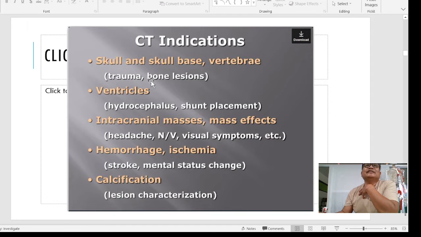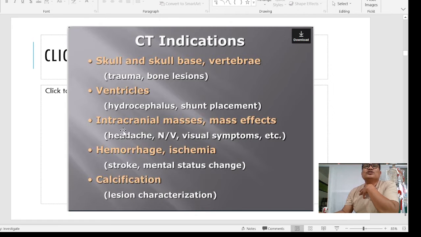So the CT scan indications are for the skull and skull-base vertebra, to detect if there is trauma or bone lesions. It could also detect the presence of obstructions or accumulations of fluid in your ventricles, which needs to be shunted. Then you have intracranial masses, which you can detect.